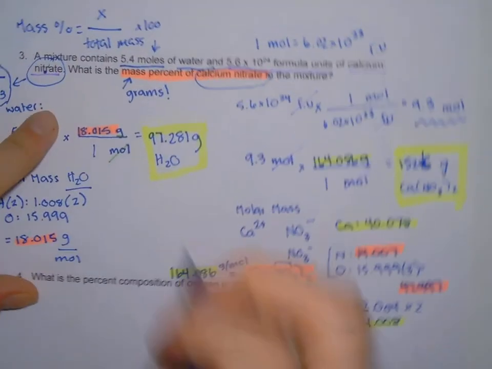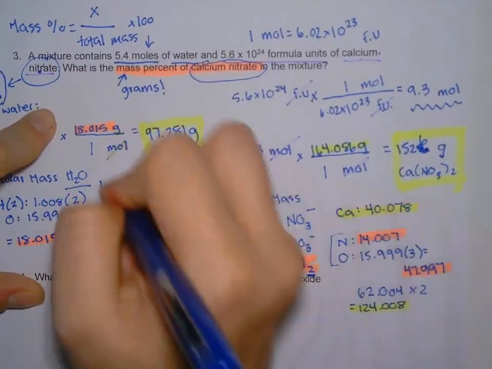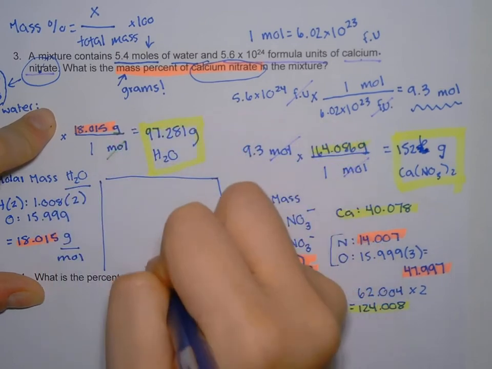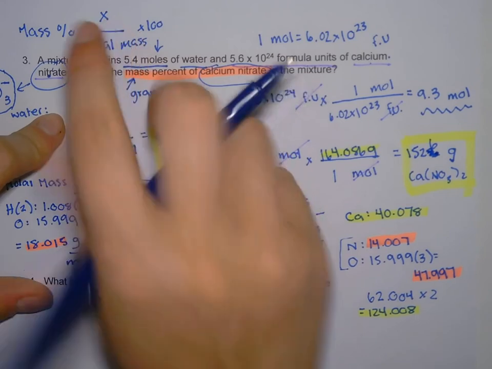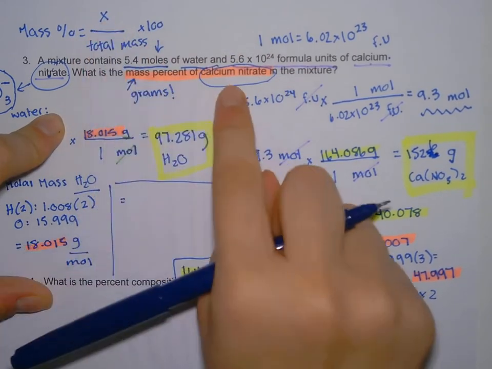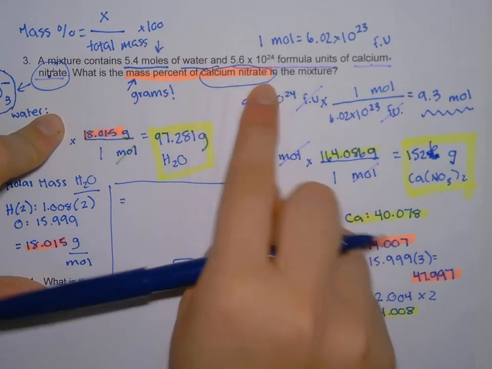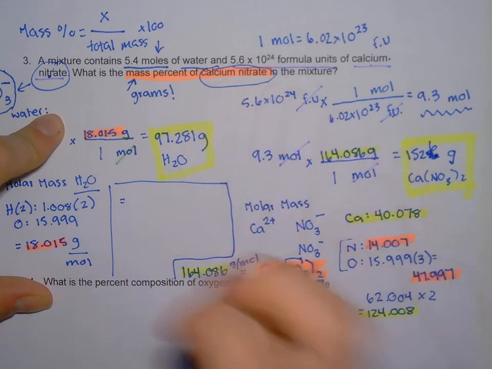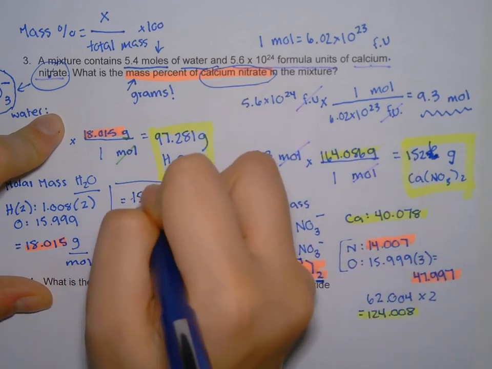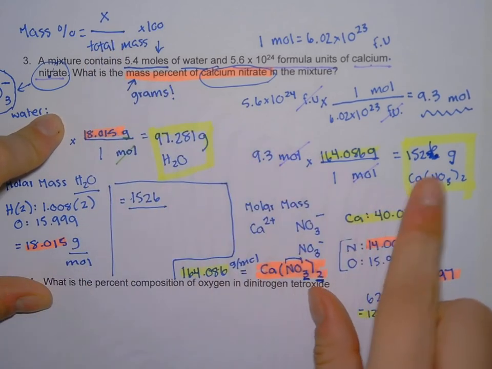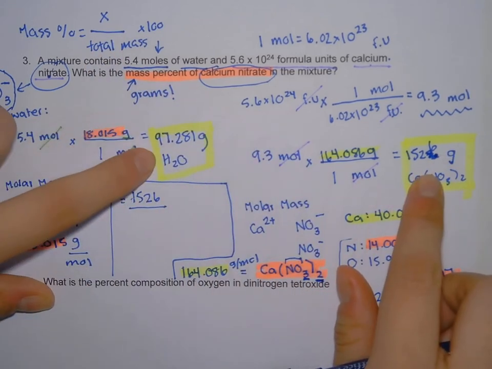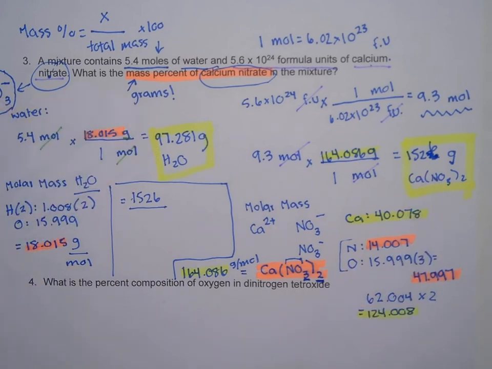So the total, I'm going to do it right here. Let me box off this area since I'm running out of space. What I'm trying to find is the mass of calcium nitrate, and I have this one. So it is 1526 divided by the total mass. So the total mass is this plus this in the mixture.